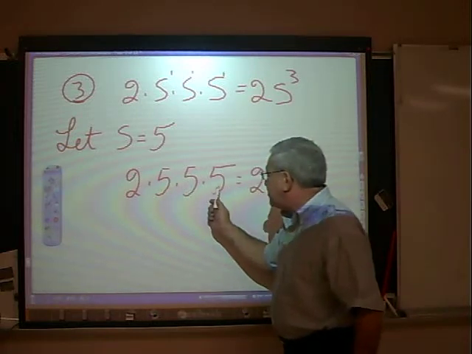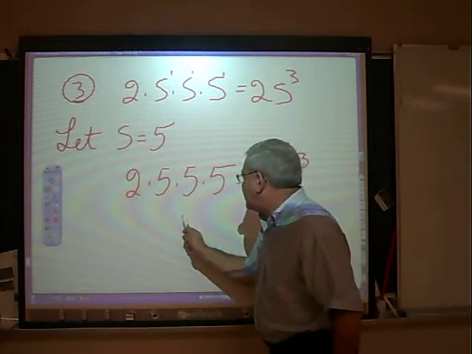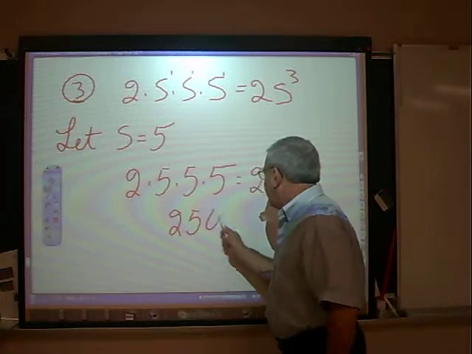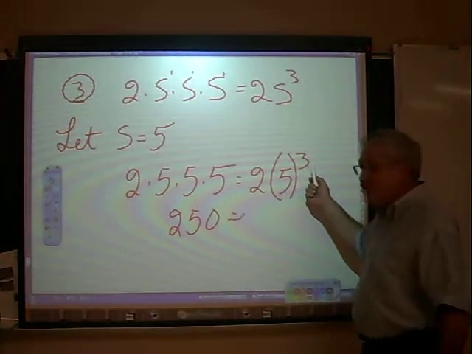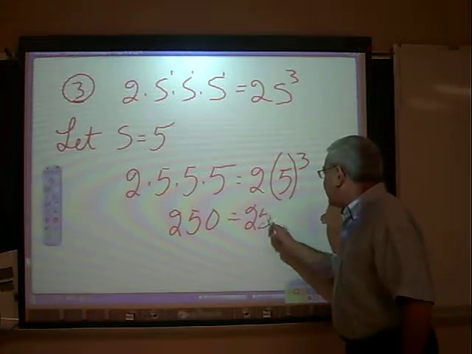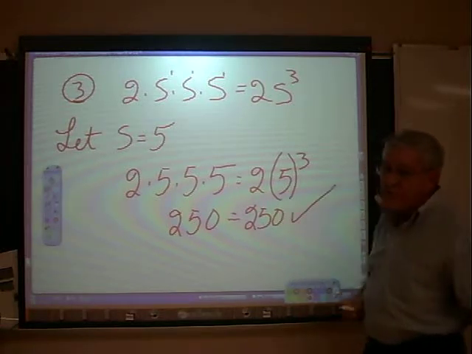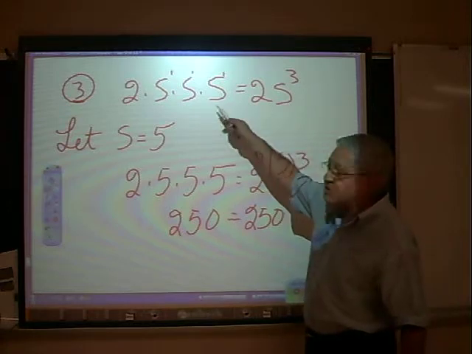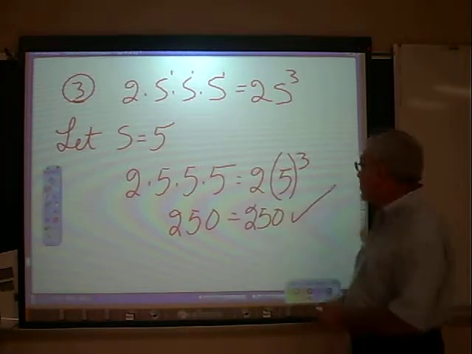Now, 5 times 5 times 5 is 125, times 2 is 250. 5 cubed is 125. 2 times 125 is 250. So we again proved that our work is true, but we thought about it using numbers, and we proved it using numbers.